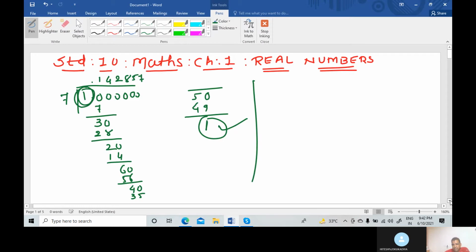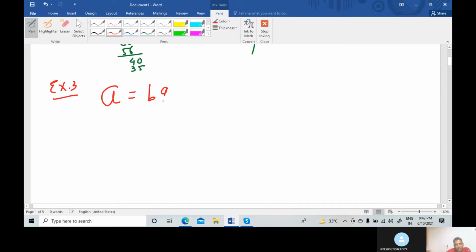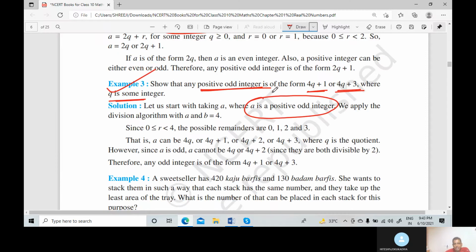Here we put Euclid's division lemma, a equal to bq plus r, 0 less than or equal to r less than b. Our question is about a positive odd integer. So we suppose a is a positive odd integer.